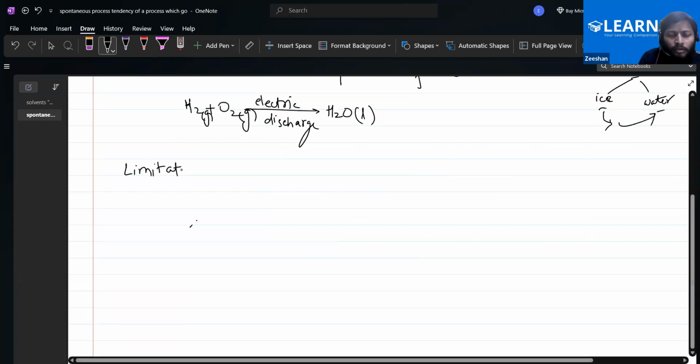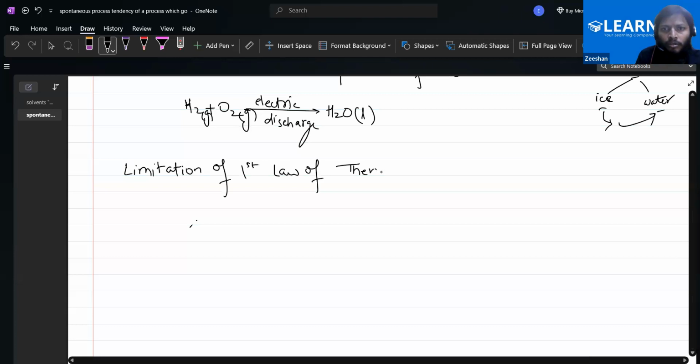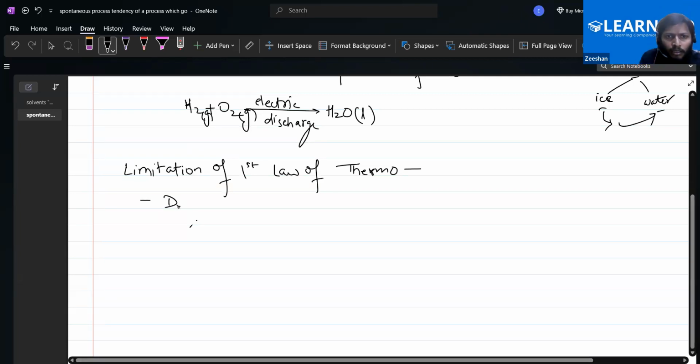So what are the limitations of the first law of thermodynamics? The limitation of the first law is that it doesn't tell about the feasibility of a process.